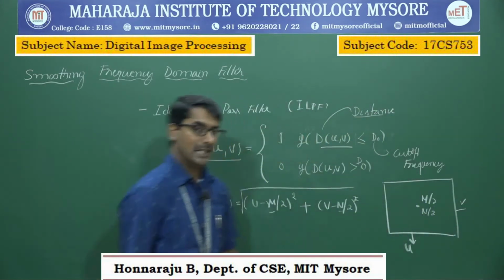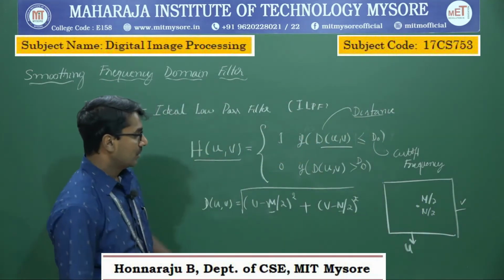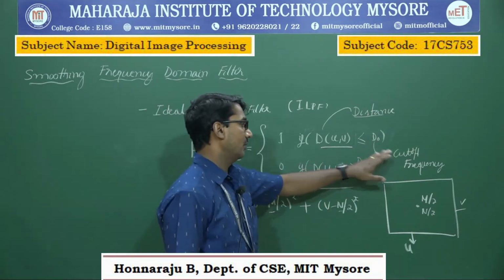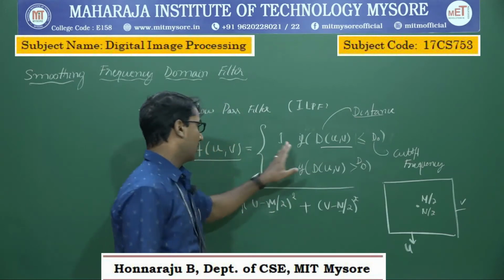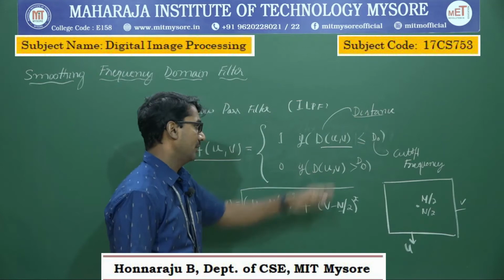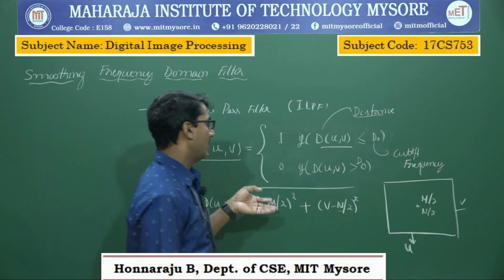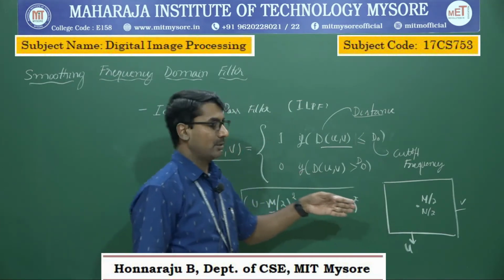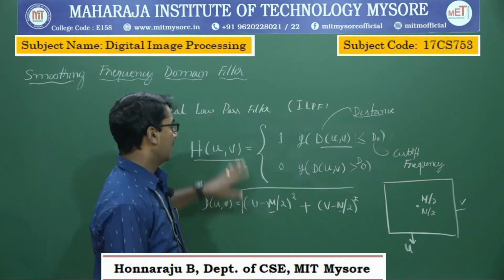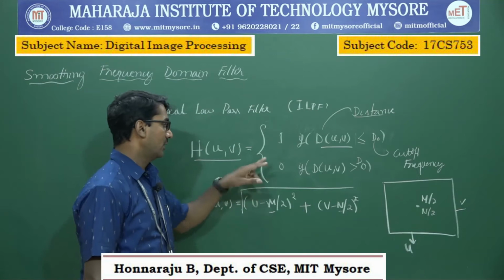First we calculate the distance value. If the distance value is less than D0, then it allows only the frequencies less than D0. If the frequency value is greater than D0, then it attenuates all those frequencies. Okay, this is the ideal low pass filter equation.